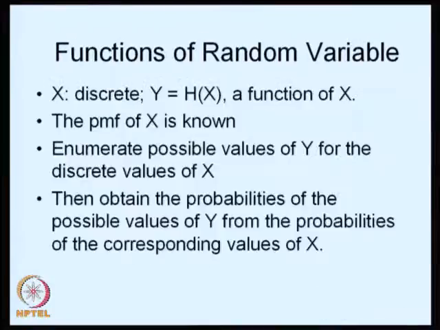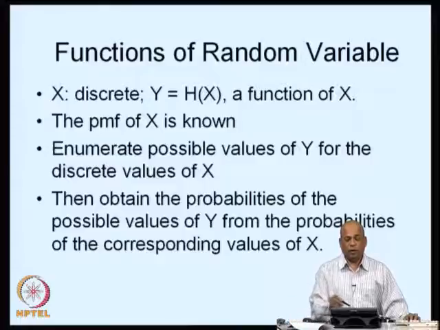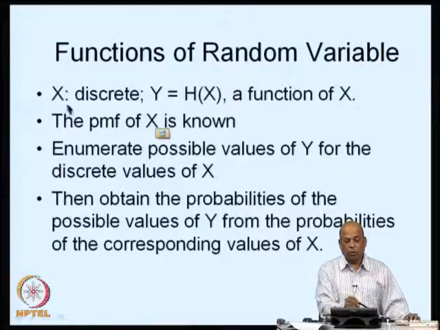So, if you have x as a discrete random variable, which means that x can take on only a finite number of values or countably infinite number of values, and you define a function y is equal to h of x, because x takes only discrete values, y also takes on only discrete values, and we know the probability mass function of x.